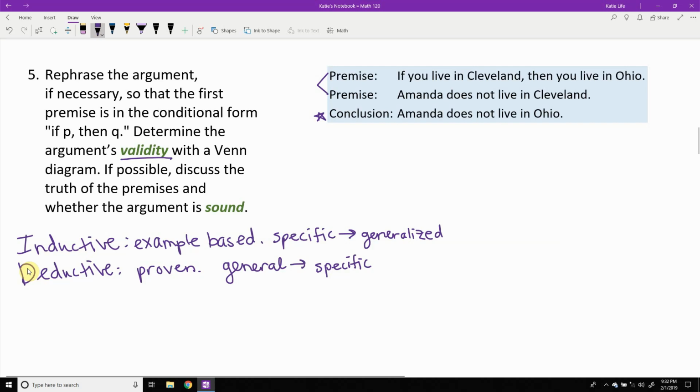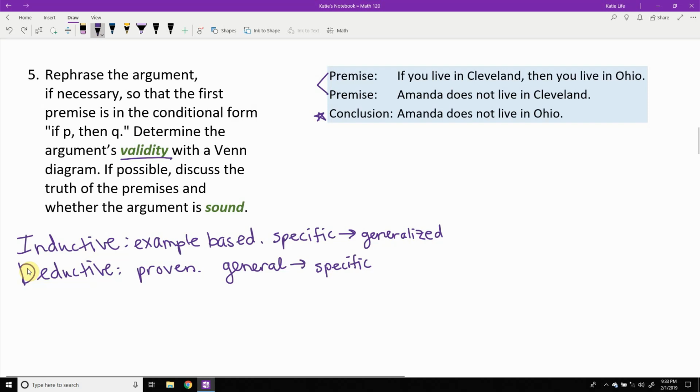So in premise 1, if you live in Cleveland, then you live in Ohio. It's already in the if P then Q form, so I'm not really worried about putting it in the correct conditional format. But another way that you can think about these conditional statements is to put them in the subject-predicate form. If you live in Cleveland, then you live in Ohio.